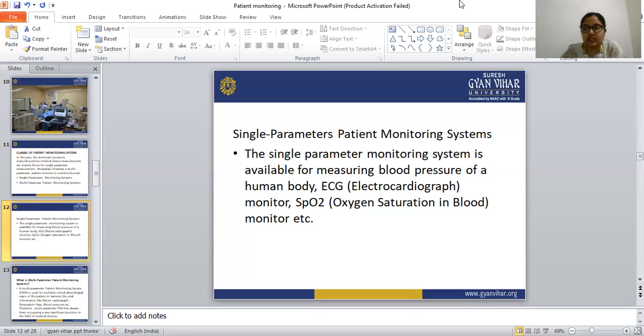So this is the first disadvantage, but this is not a very bad point, because once the nurse has learned everything, it becomes very easy for him or her.